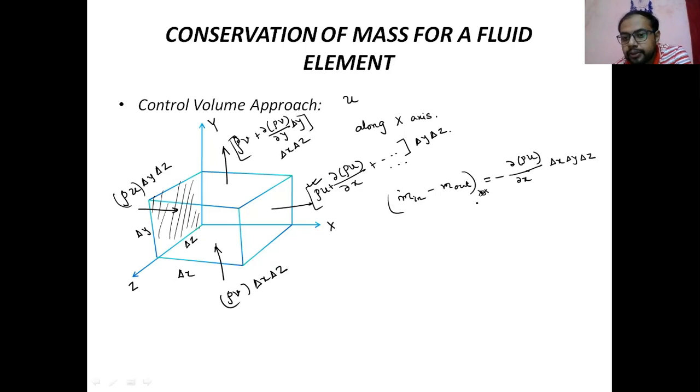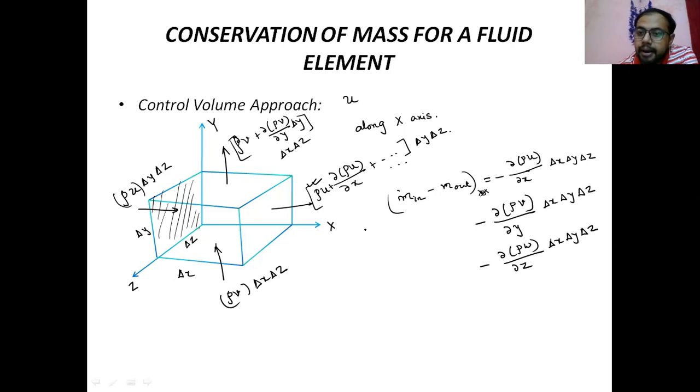The same way, we can write mass in minus mass out about del x del y del z along the y-axis. Along the z-axis, the same term we are writing, rho w, del x del y del z. This is the mass in minus mass out.